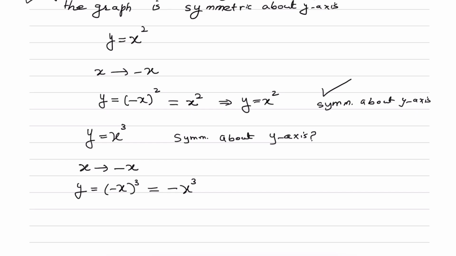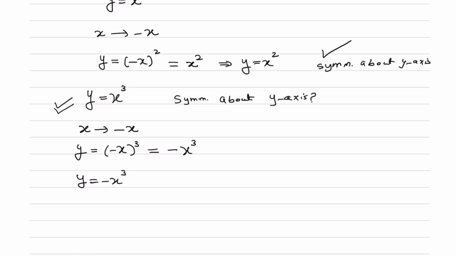So we started with y equal to x cube and we got y equal to minus x cube. Our graph did not remain unchanged. So we will say that this graph y equal to x cube is not symmetric about y-axis.